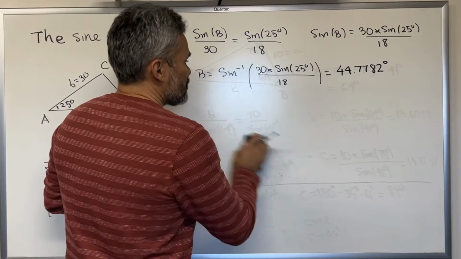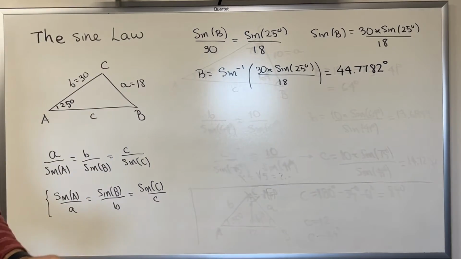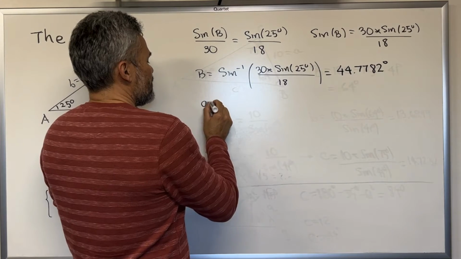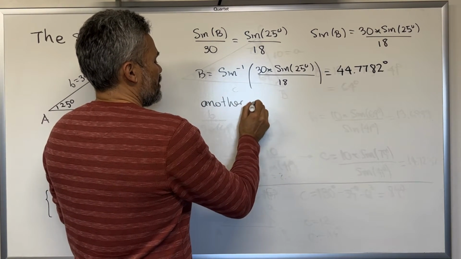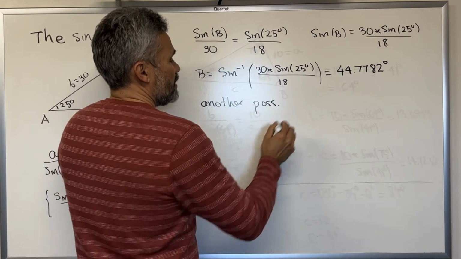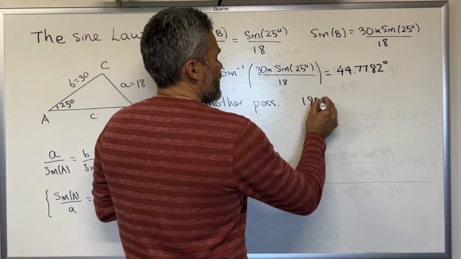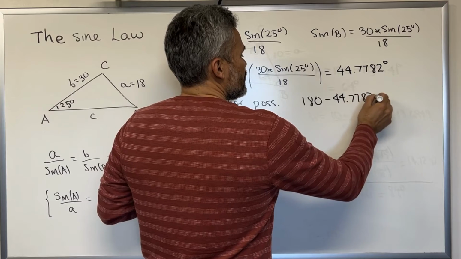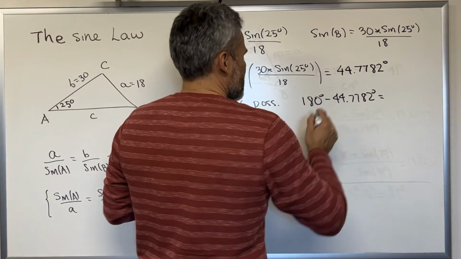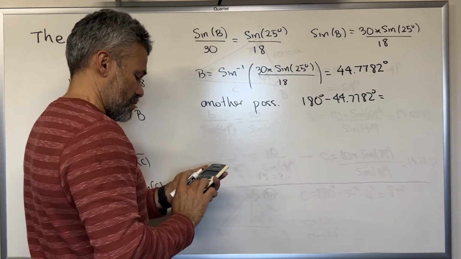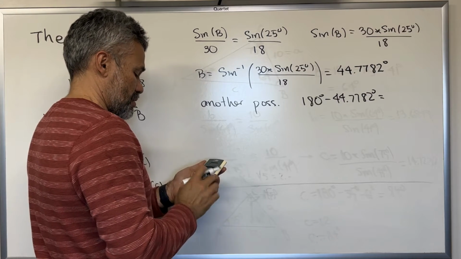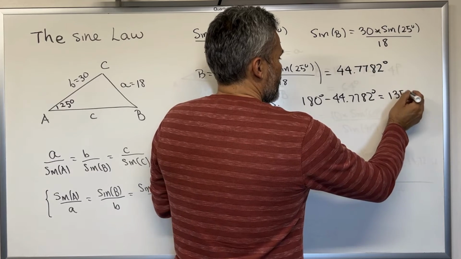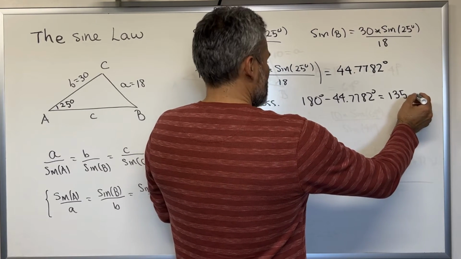Then this is one possibility, and the other possibility is 180 minus 44.7782 degrees, which is 135.2218 degrees.